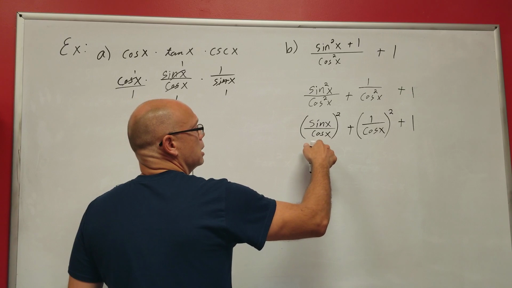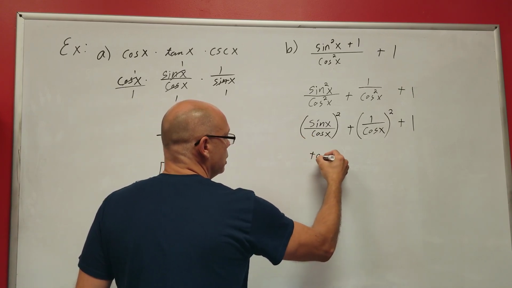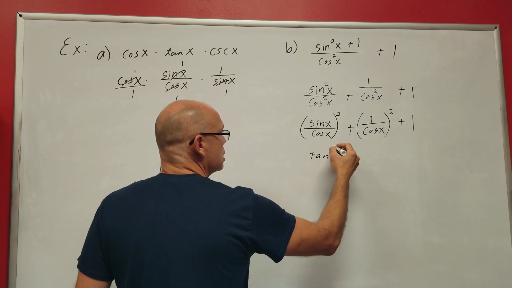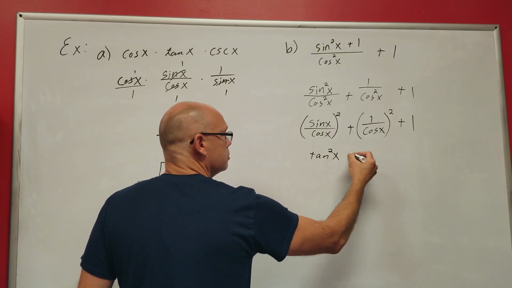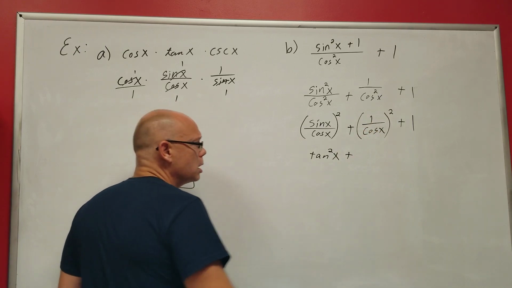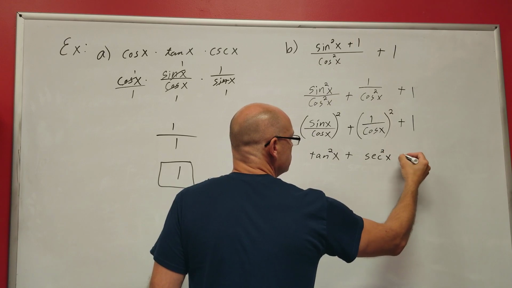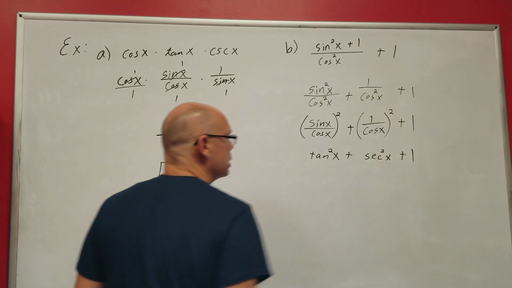All right, which identity can I use here for sine over cosine? Yeah, you guessed it, tangent, right? So that's tangent of x squared plus, what's 1 over cosine though? Isn't it the secant? So that's the secant of x squared, and then plus 1.